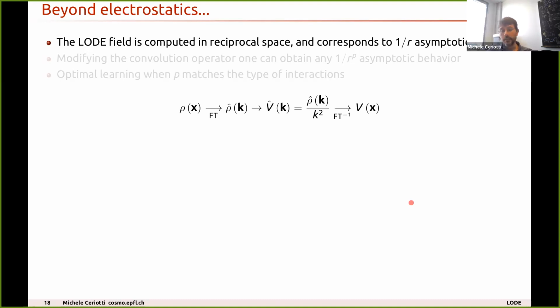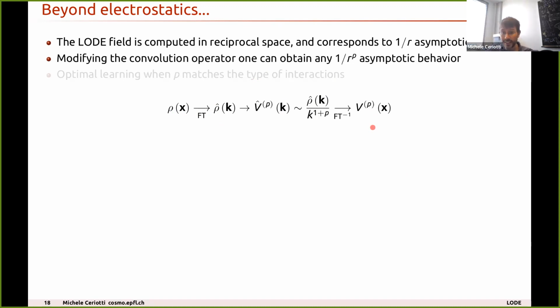As I mentioned, the way we build models on the electrostatic potential in practice is that we Fourier transform the density, we solve the Poisson equation in reciprocal space, which is just dividing the density by k squared, and then we back transform to have a real space object that we can localize.